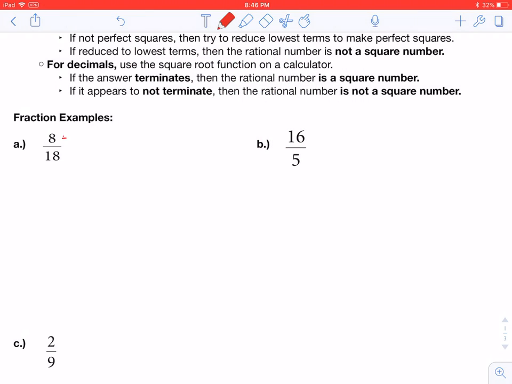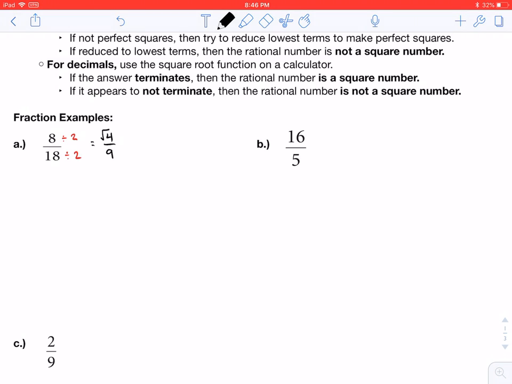So I realize that they're both even, so I want to divide them by 2. And this becomes 4 over 9. And I look at that and I say, oh, 4 is a perfect square, 9 is a perfect square. So then this probably is a square number.